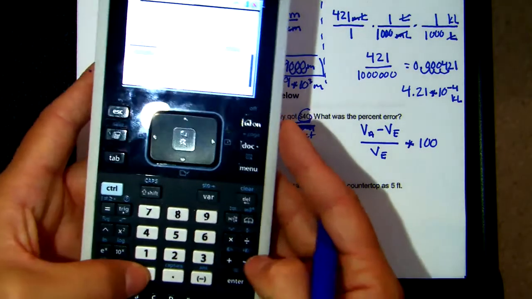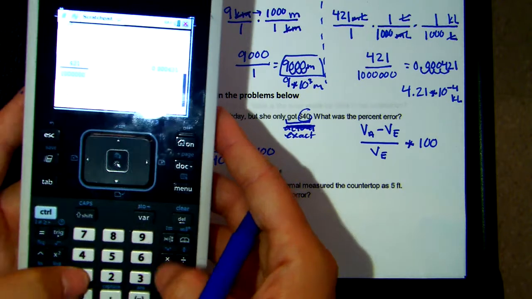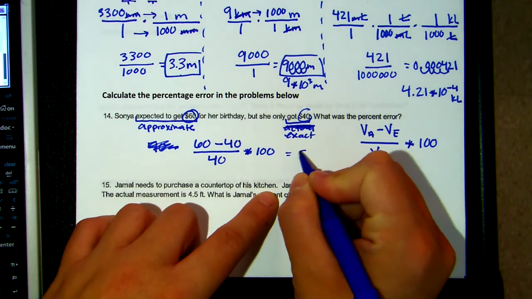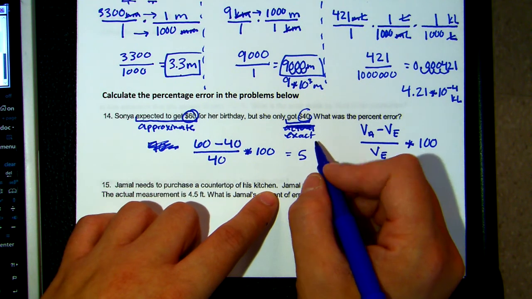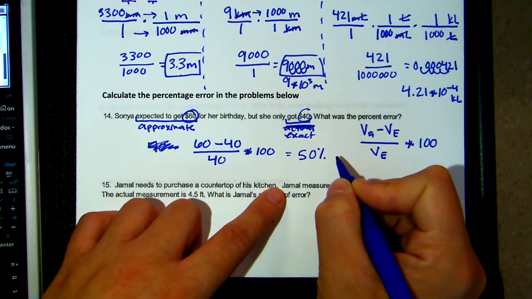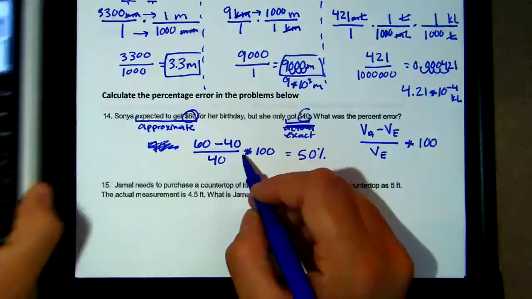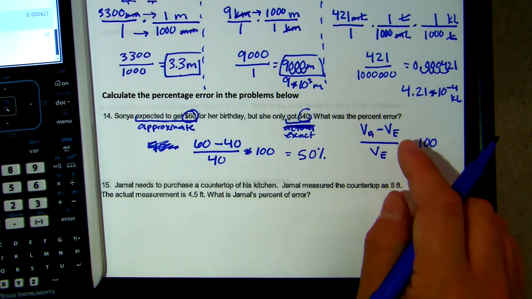So I've got 60 minus 40 over 40 times 100. And that's going to give me 50%. So our approximate minus our exact divided by our exact times 100.